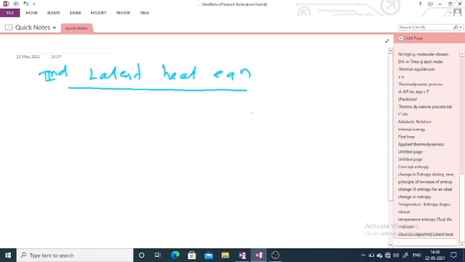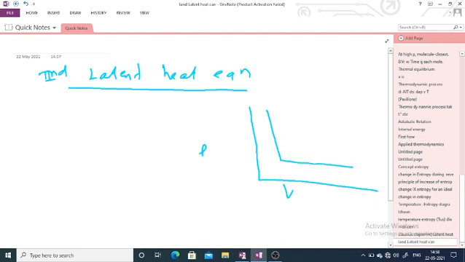So once again you should draw the PV diagram. The PV diagram is the same as earlier, so only the small changes you should understand.